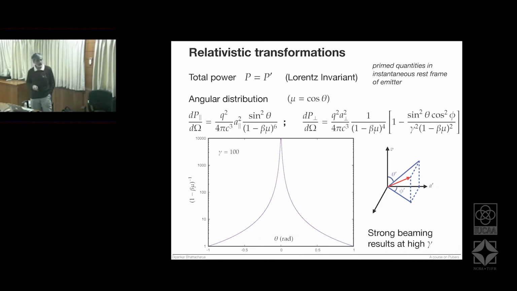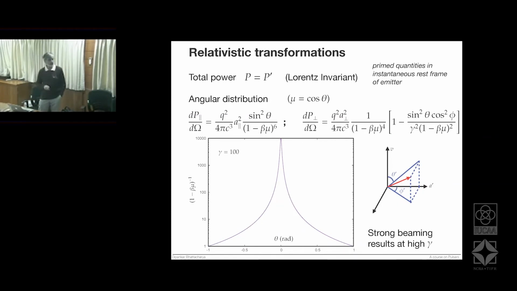This is θ in radians with respect to θ equal to 0. I've plotted here plus or minus 1 radian, and you can see that this is already a very strongly peaked function. When you raise it to larger and larger powers, it gets more and more peaked, and that is how you get very strong beaming.